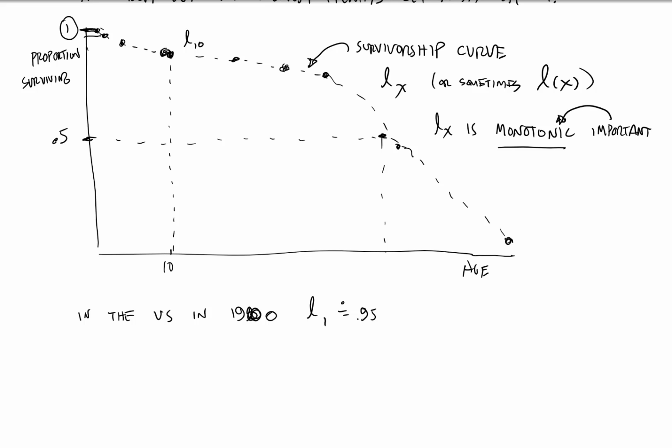L1 is survivorship to age 1. This proportion still living at 1 year was about 0.95, so 95%. So about 5% of babies died in the first year of life.